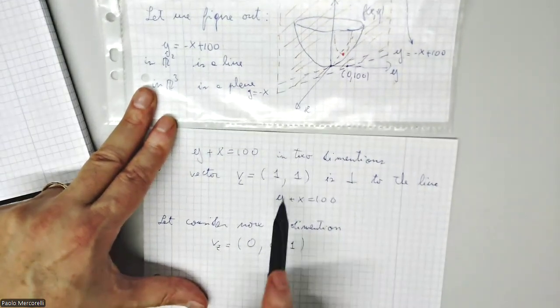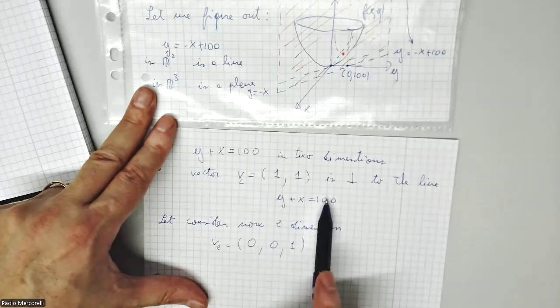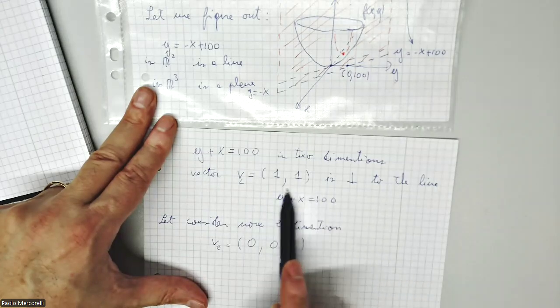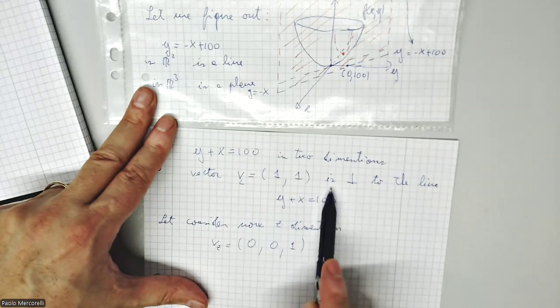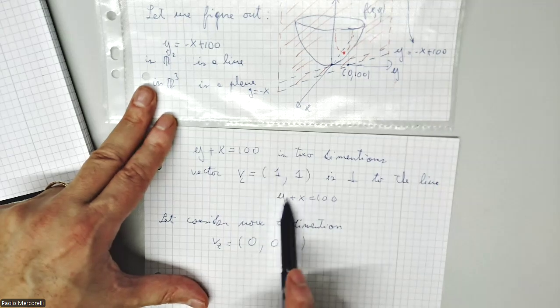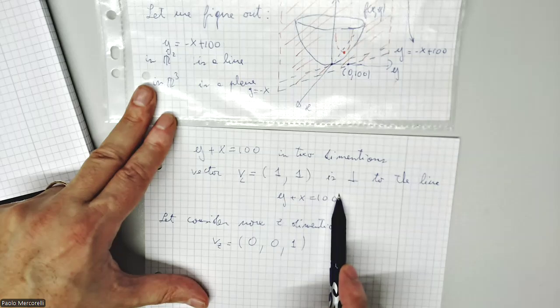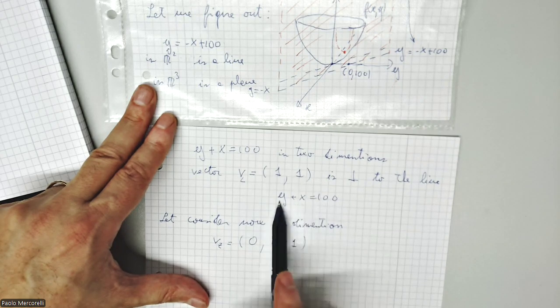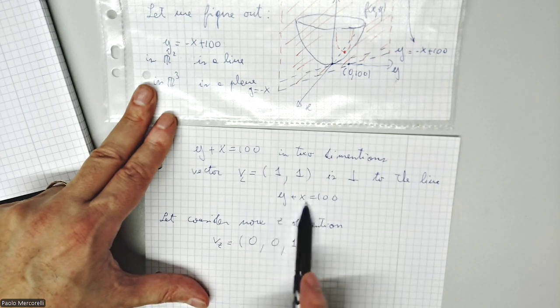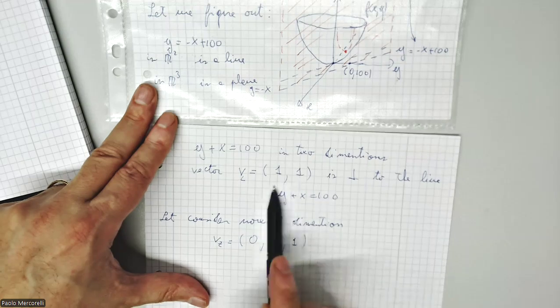Now, as I told you, this line here, if you consider this representation in two dimensions, has this vector orthogonal at all points on this line.